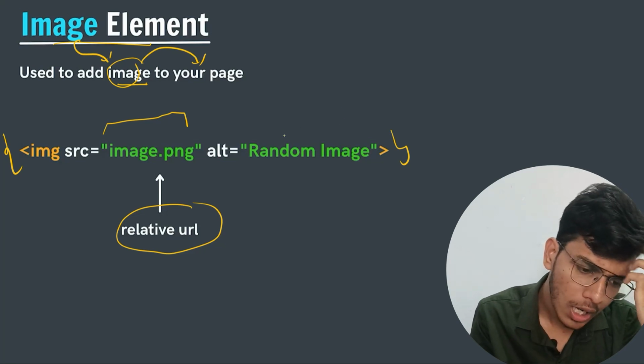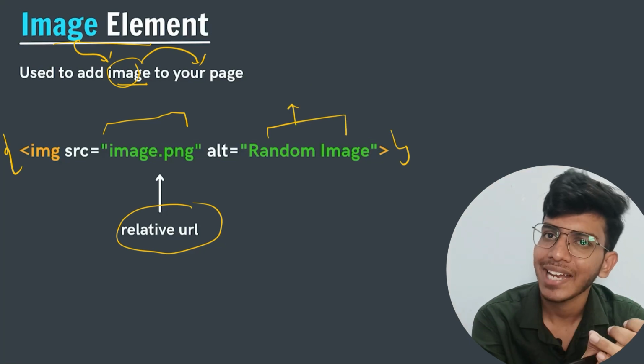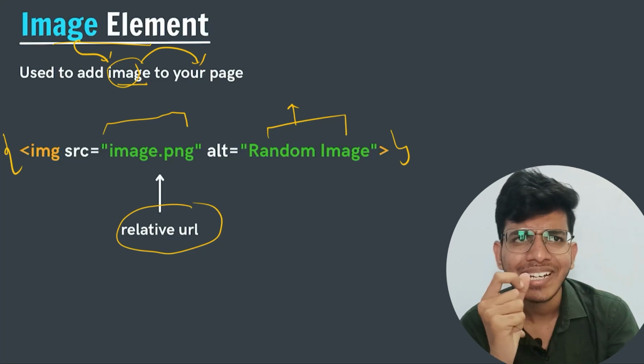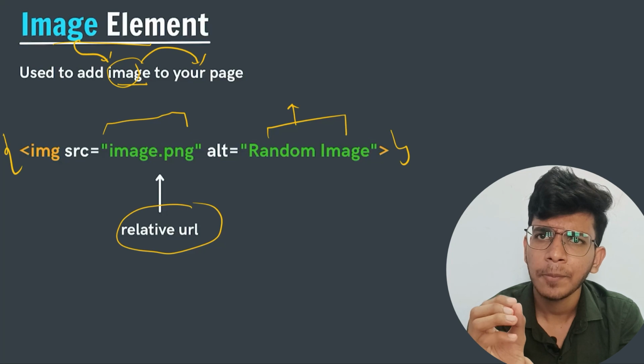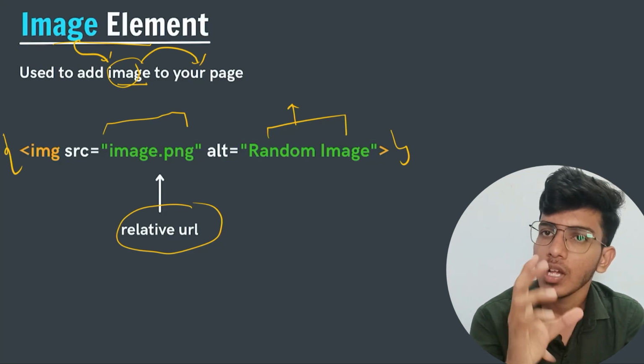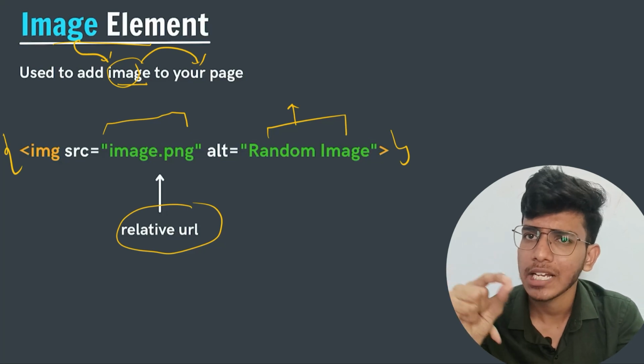Okay, now alt equals to random image. This will represent, for example, my internet is kind of slow. If you notice, when the internet is slow, images take a long time to show up in the web page. Whenever they take a long time, you might have seen some text.